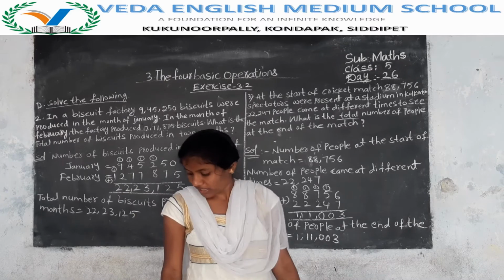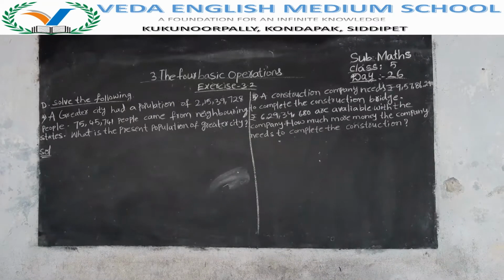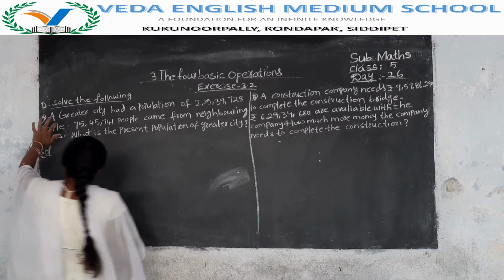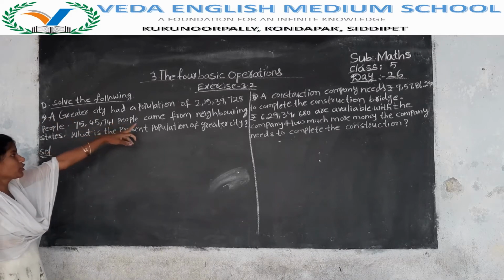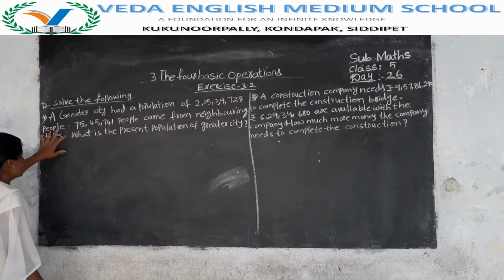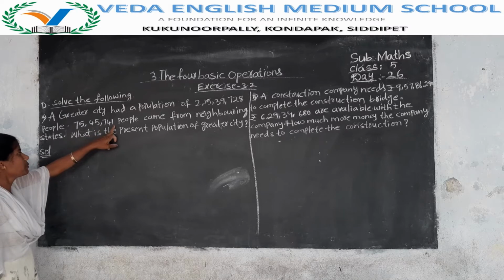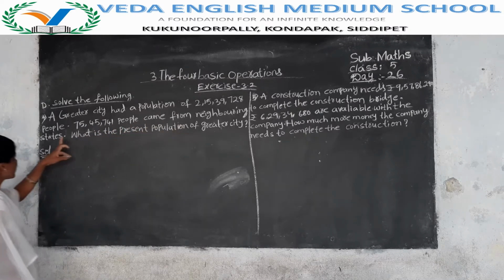Now the next question. A greater city had a population of 2,15,39,728 people. 75,45,741 people came from neighboring states.